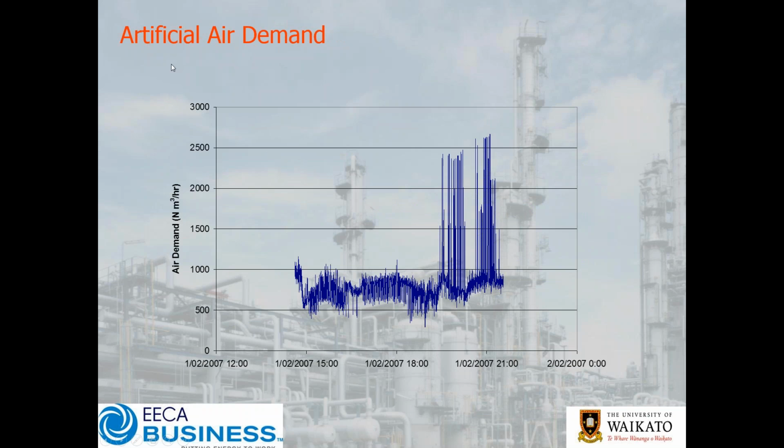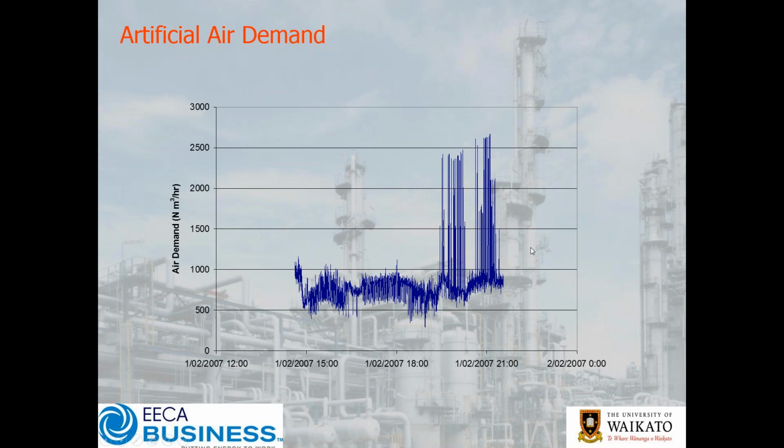Okay, so here's another example. You can sort of see we've got a fairly steady base load, and then you get to the end of the day and some cleaning kicks in. You can see these really nasty spikes. Now, what's caused those spikes, of course, has been people blowing things down with compressed air.